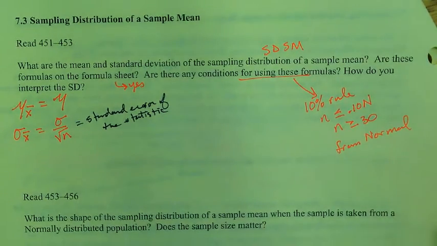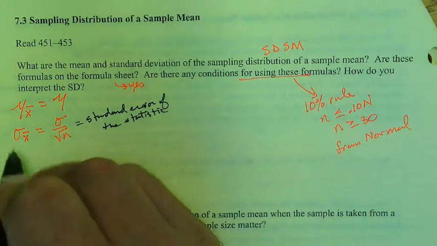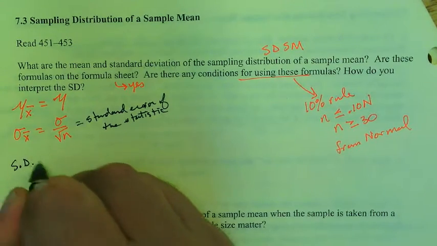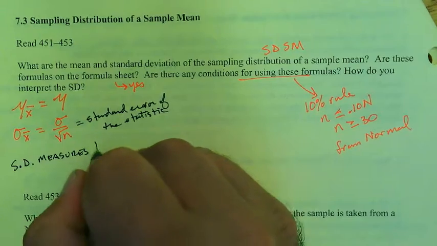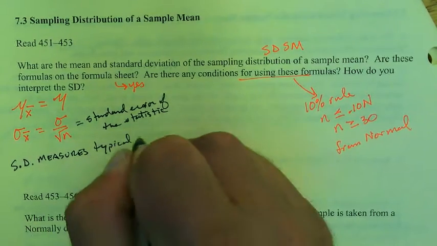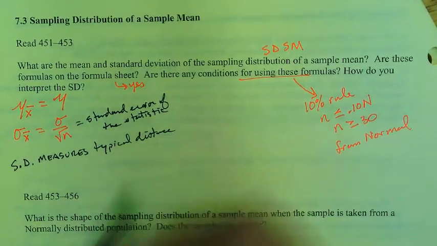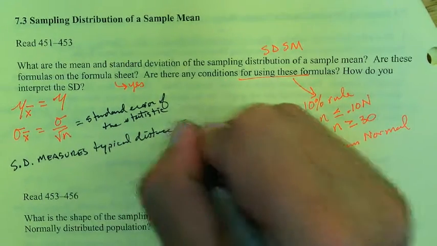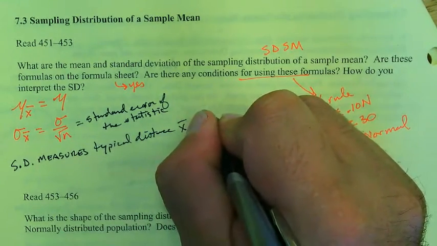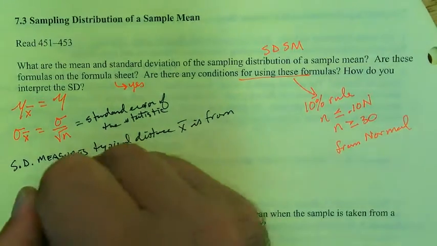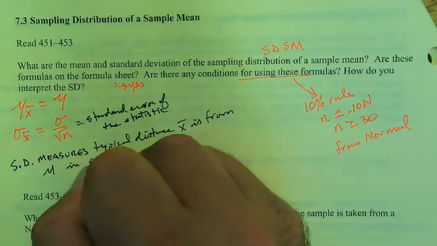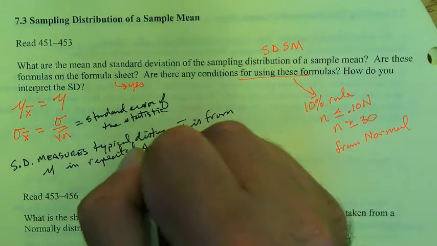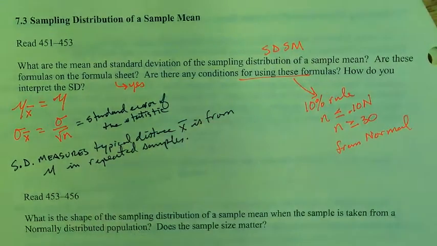Okay? And what do we know? We know that the standard deviation measures the typical distance x bar is from mu in repeated samples.